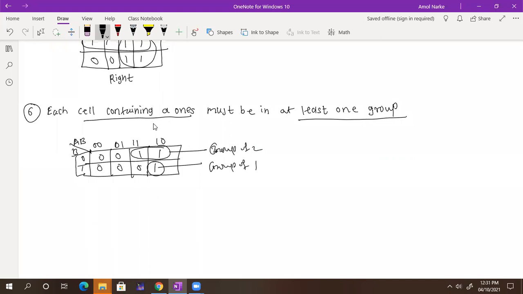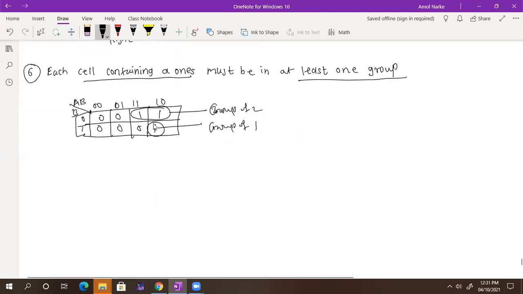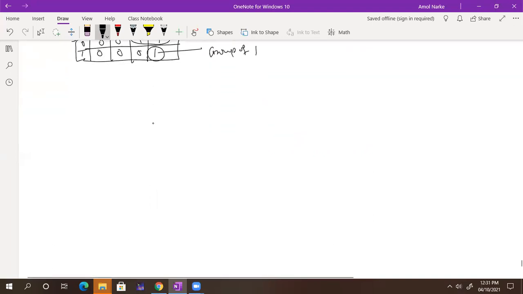First we are going to see min term examples, and then the max term examples. Let's take one example, how to make a grouping and everything.